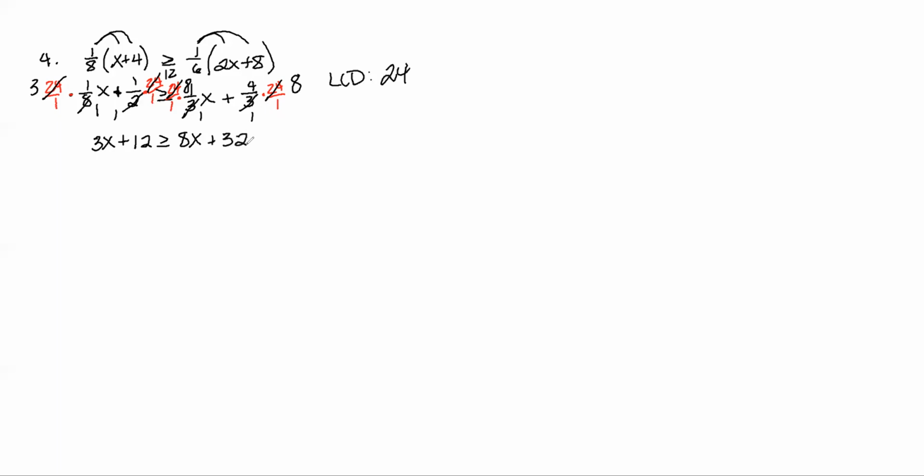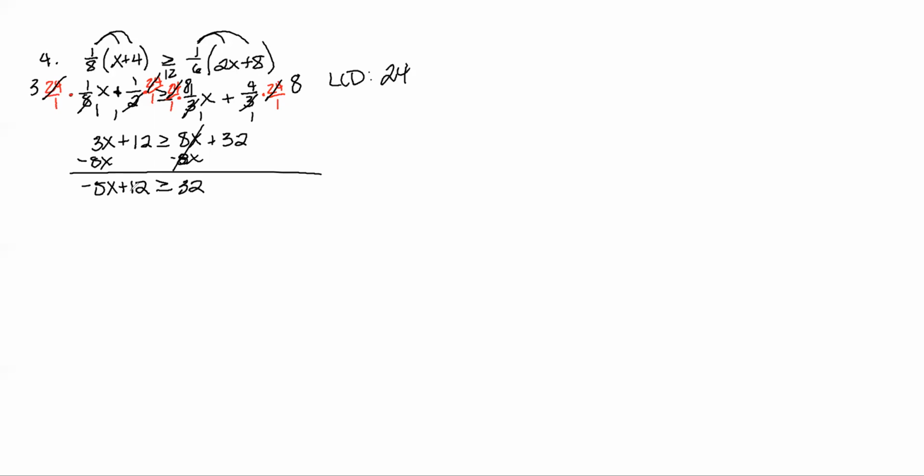Fractions are all gone, so now let's go ahead and start solving this. I'm going to move all of the x's over to the left, so minus 8x. Getting ahead of myself there. We're going to get the 5x over here. Negative 5x plus 12 is greater than or equal to 32.